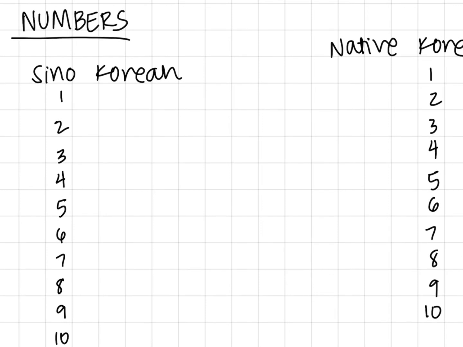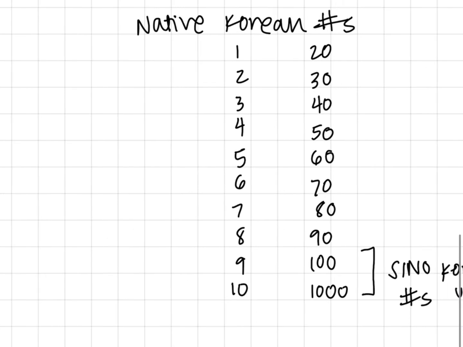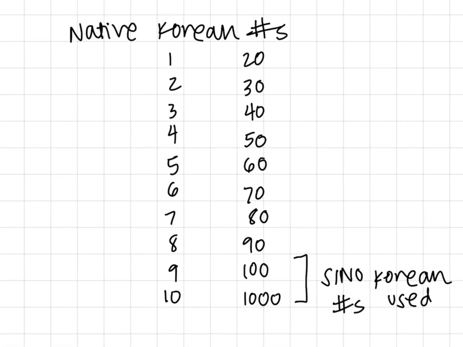Really quickly, Sino-Korean numbers are 1, 2, 3, 4, 5, 6, 7, 8, 9, 10. 100 is 100, 1000 is 1000, and 0 is either 영 or 공. For native Korean numbers, 하나, 둘, 셋, 넷, 다섯, 여섯, 일곱, 여덟, 아홉, 열.